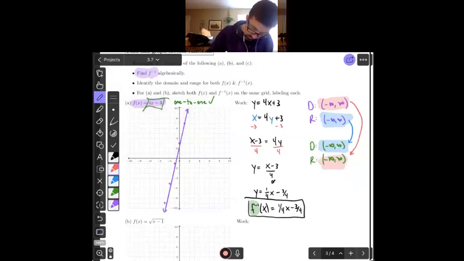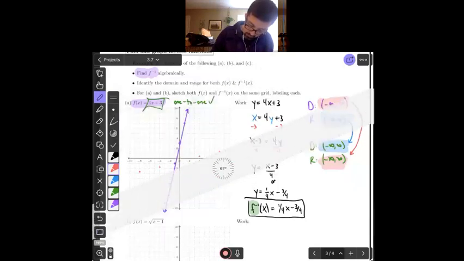So down negative 3/4, but rise 1, run 4. Rise 1, run 4. Fall 1, run 4. But it would look something like that. I'm going to do that in red.